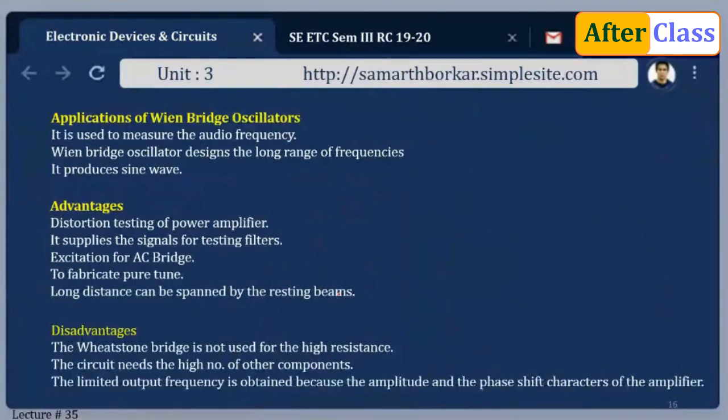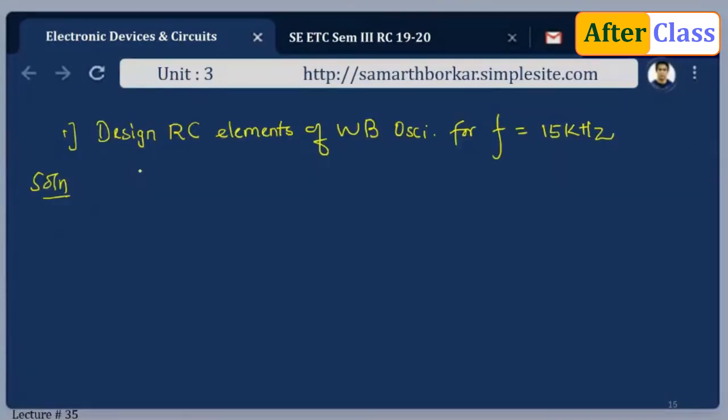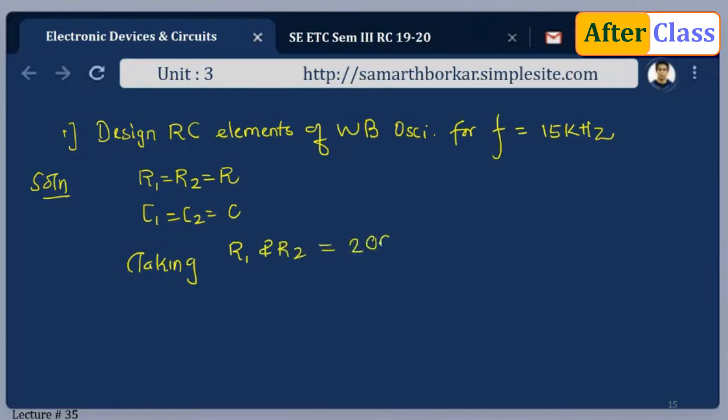Applications. So here are the applications. It is used to measure the audio frequency. R1 equal to R2 equal to R, and C1 equal to C2 equal to C. Now we can assume, taking R1 and R2 equal to 200 kilo ohms, then the required value of C will be 1 upon 2 pi f into R. How did I get this?